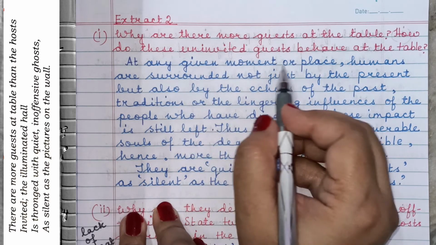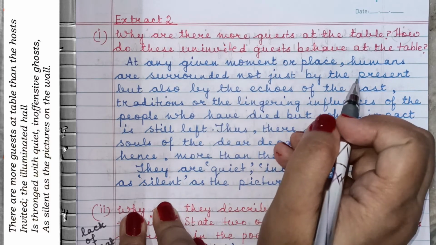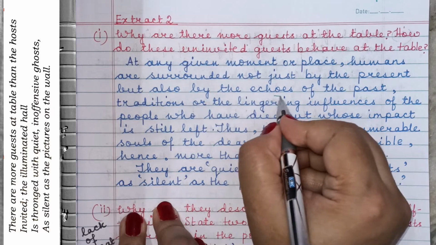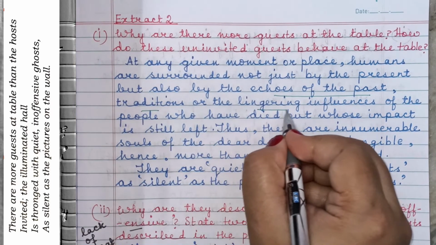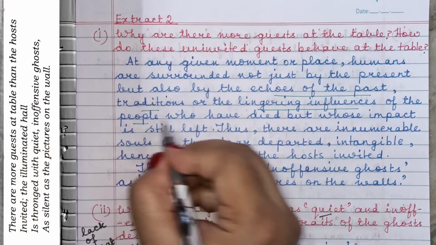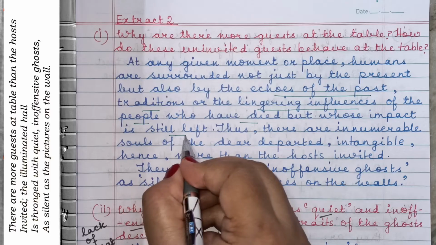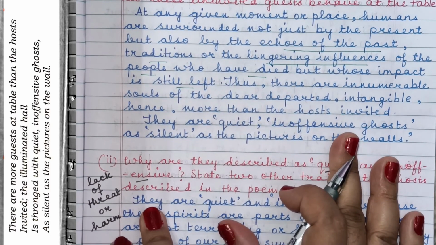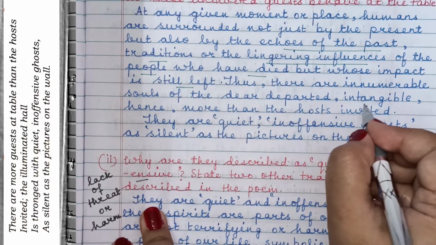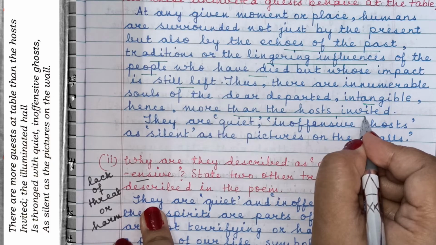At any given moment or place, humans are surrounded not just by the present but also by the echoes of the past, traditions, or the lingering influences of the people who have died but whose impact is still felt. Thus, there are innumerable souls of the dear departed, intangible, hence more than the hosts invited.